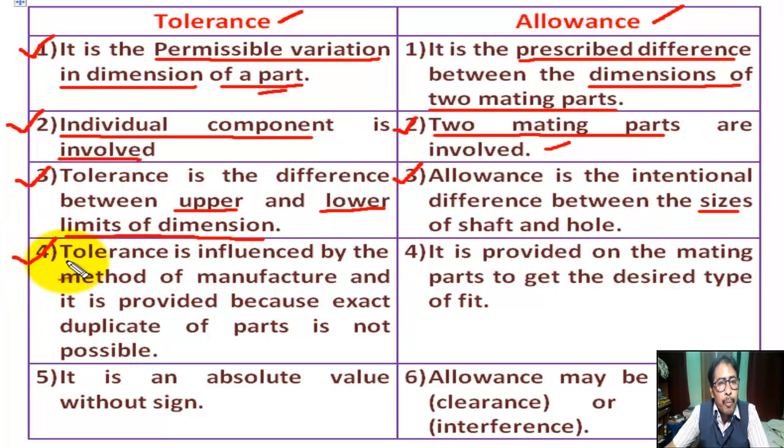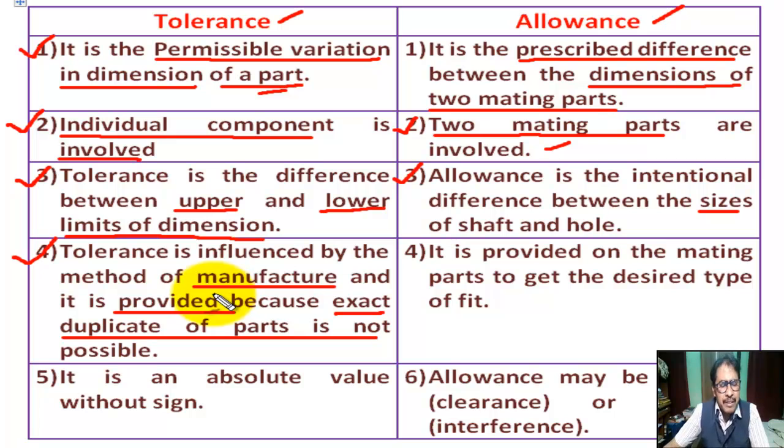Number 4, for tolerance. Tolerance is influenced by the method of manufacture and it is provided because an exact duplicate of parts is not possible.